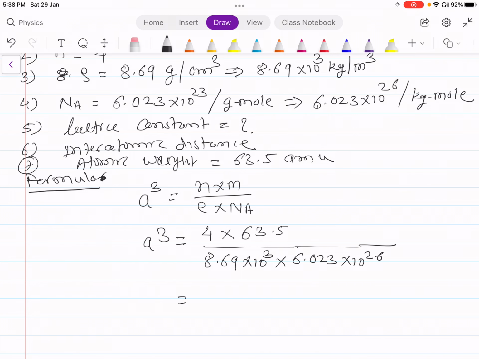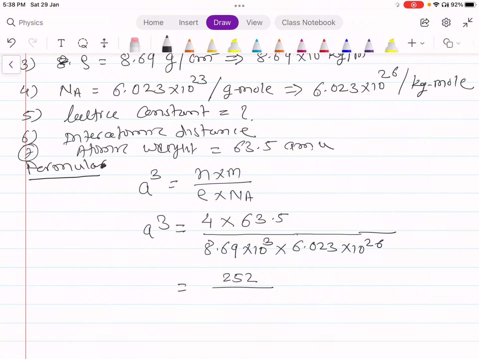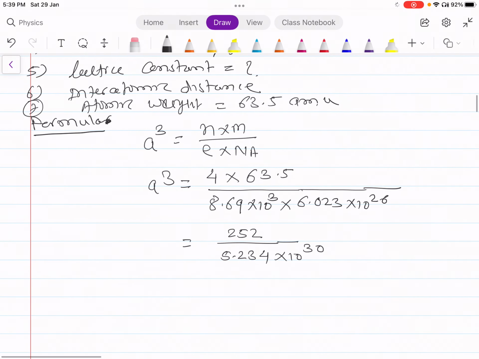If you simplify this, what you get is 252 upon 5.234 into 10 to the power 30, and that is equal to 48.15 into 10 to the power minus 30.